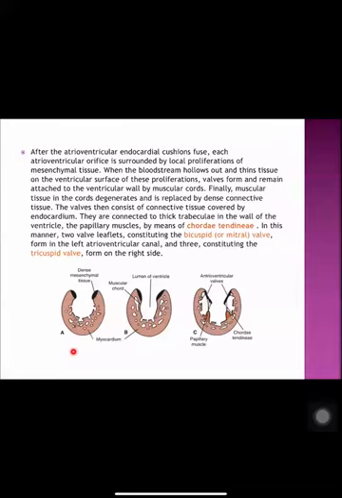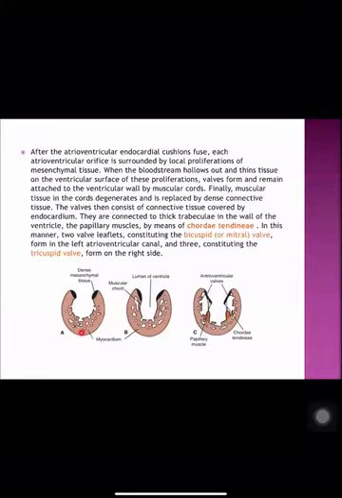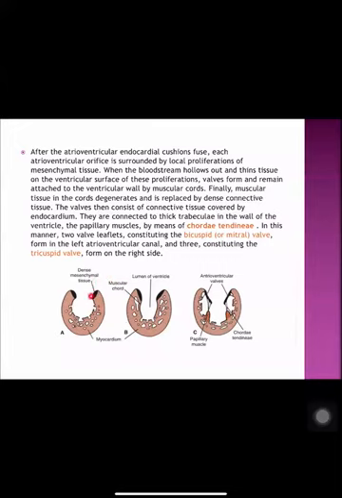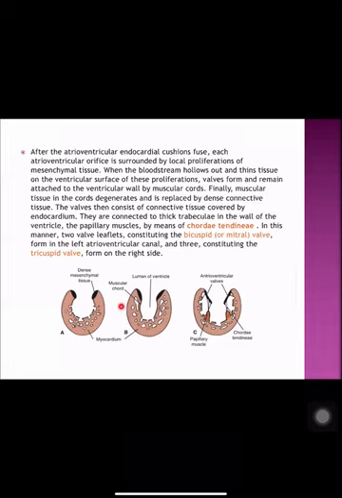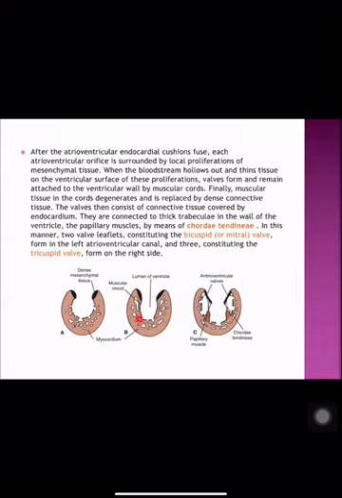Now, after the fusion of the endocardial cushions and formation of the 2 orifices, there will be proliferation of the mesenchymal tissue over these orifices. With the flowing of the blood through the orifice, it will cause thinning of this tissue on the ventricular surface. So it will cause formation of the valve that remains connected to the ventricular wall by the muscular cords.